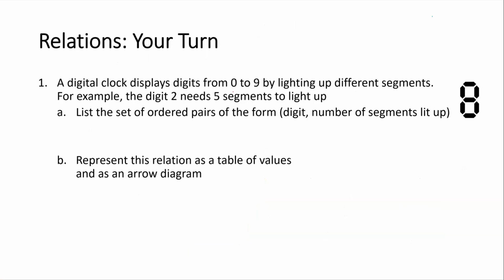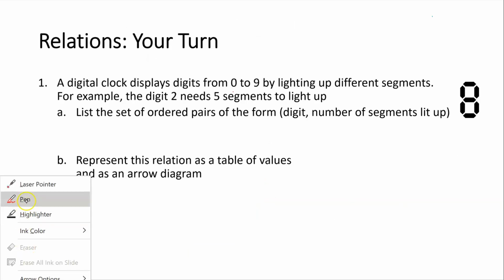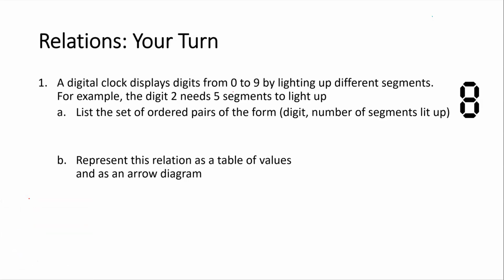Now here's an example you can try. You have a digital clock, it displays digits between 0 and 9, inclusive, by lighting up different segments. For example, the digit 2 would need 1, 2, 3, 4, 5 segments to light up. So how would you list a set of ordered pairs of the form: digit is your input, and depending on the digit, the number of segments that lights up, that's your output.